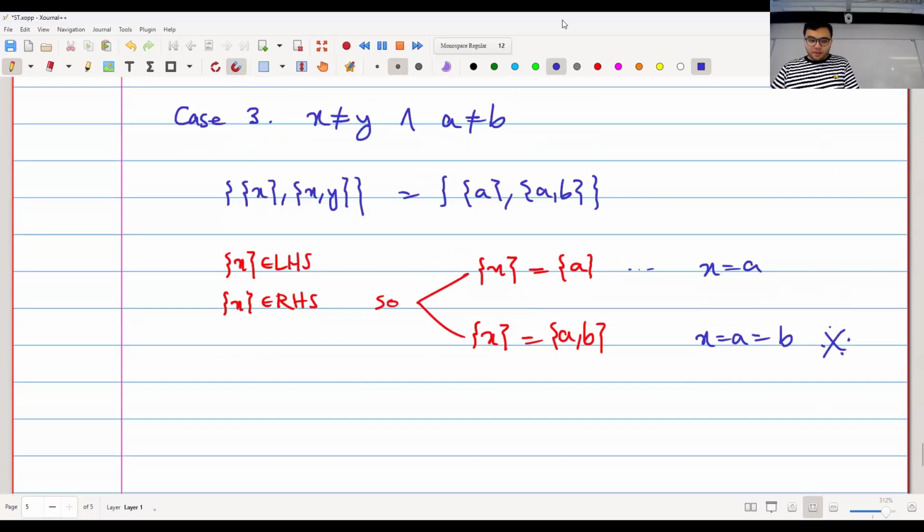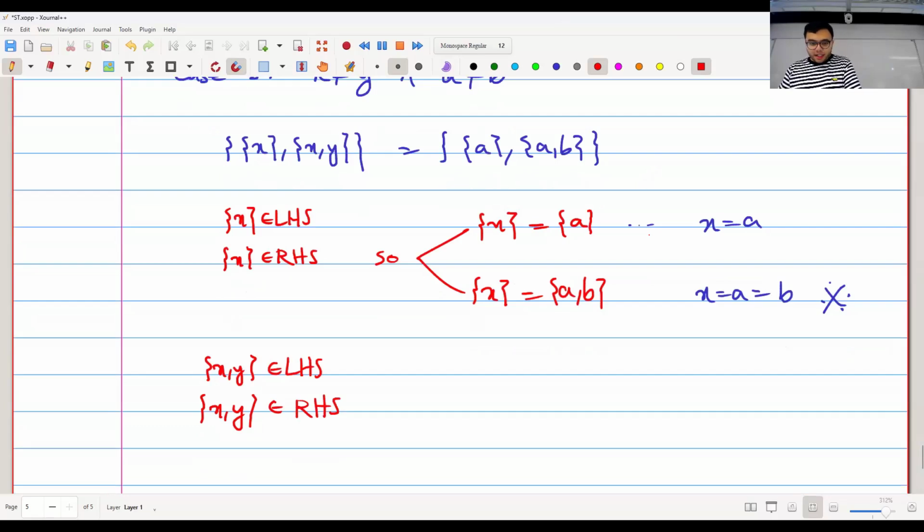Okay, so again, I do the same thing. I take this one, the second set XY in the left-hand side, and I say because it's a member of the left-hand side, and because the left-hand side is equal to the right-hand side, and because we have the axiom of extensionality, this should be a member of the right-hand side. Okay, so again, I have a casework.